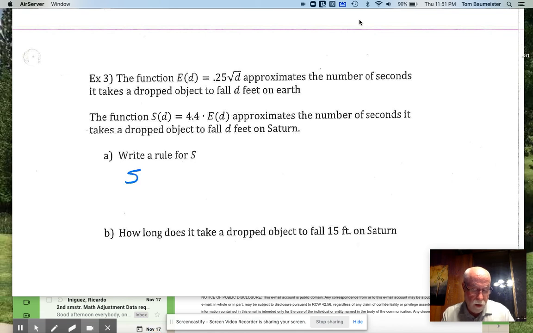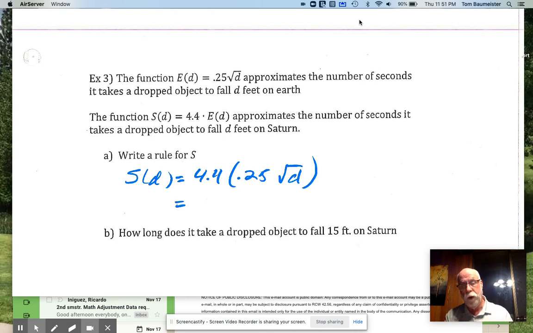So they're telling us that our s of d is equal to 4.4 times e of d, and our e of d is 0.25 times the square root of d. All right. And if we take 4.4 and multiply it by 0.25, or think about it, that's just 1/4.